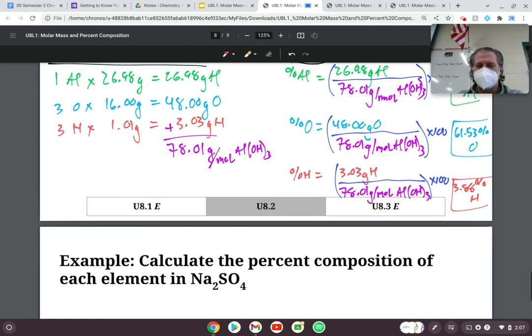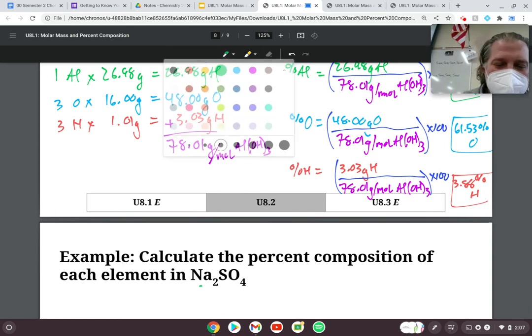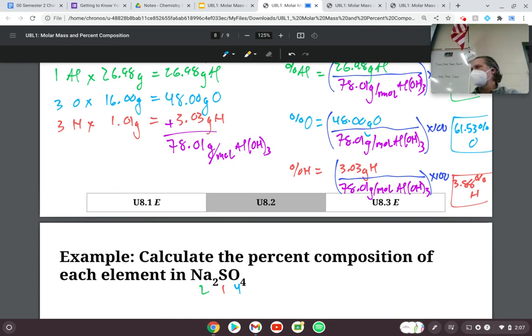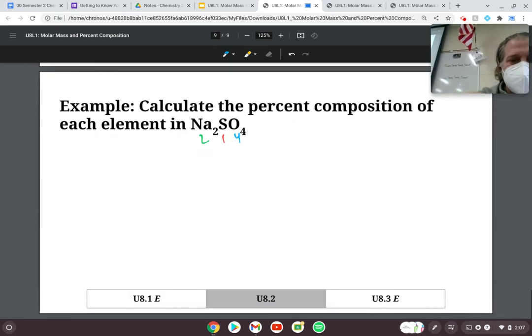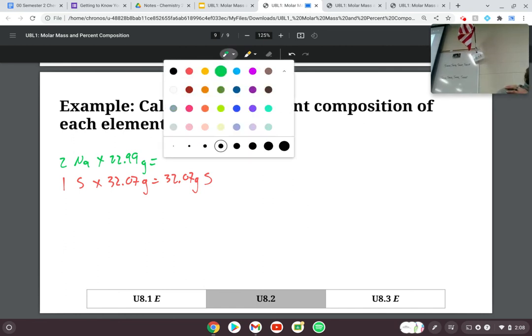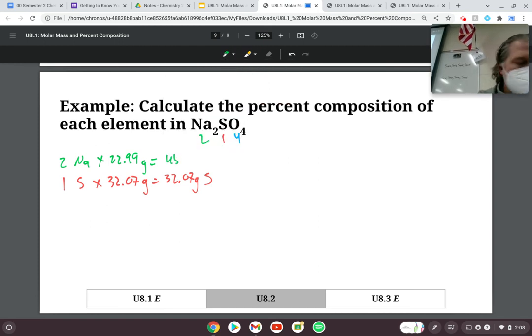There's 2 sodiums, 1 sulfur, 4 oxygens. Ready, set, calculate.